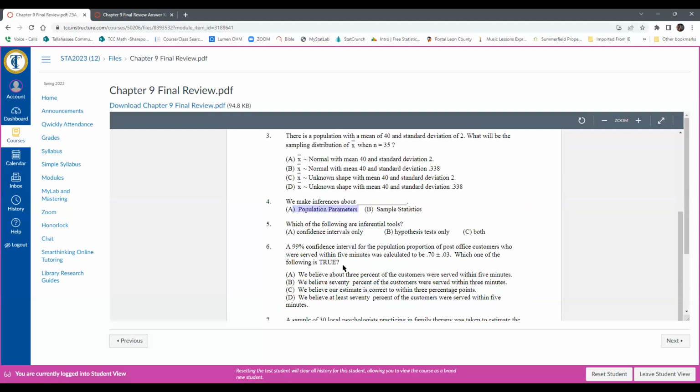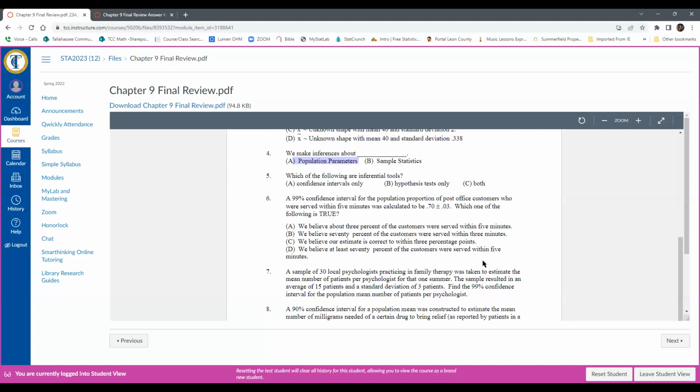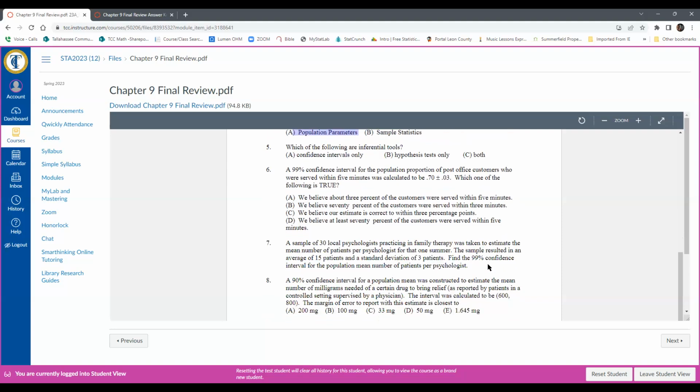This one says, which of the following is an inferential tool? A confidence interval only, hypothesis testing only, or both of them? These are just common questions based on what I teach you. So I would like you to take your time to look it up and understand it, then we can do it together. It's just common sense.